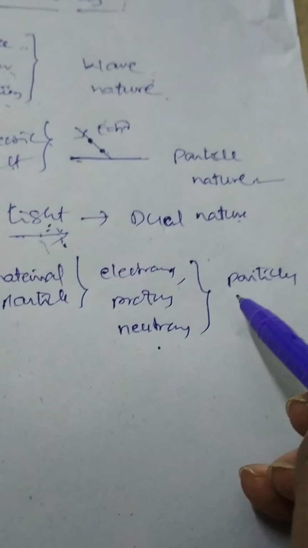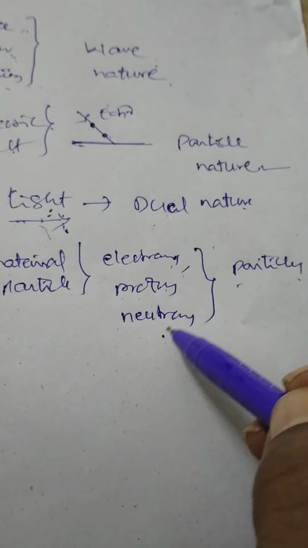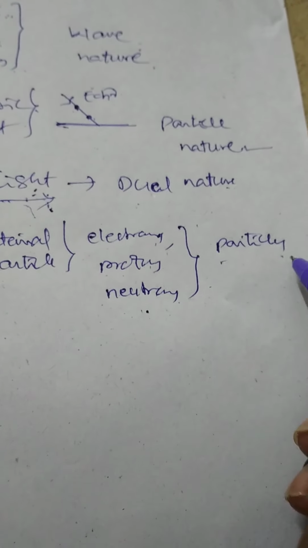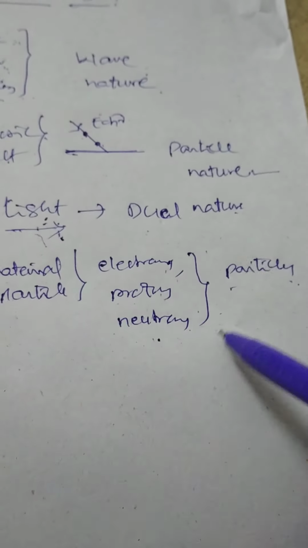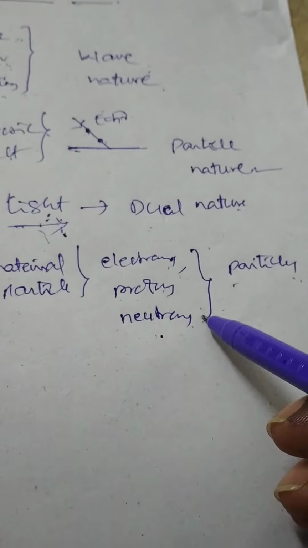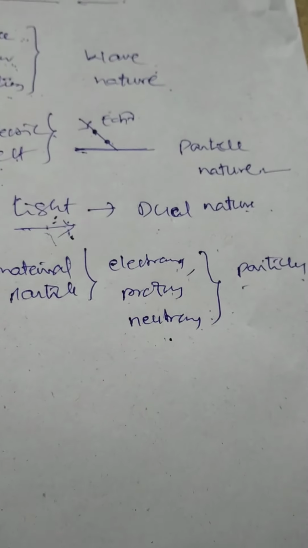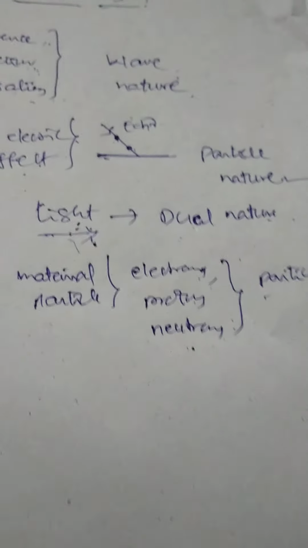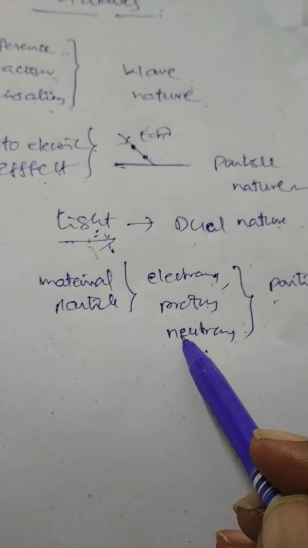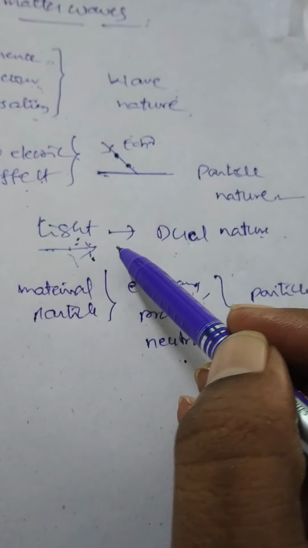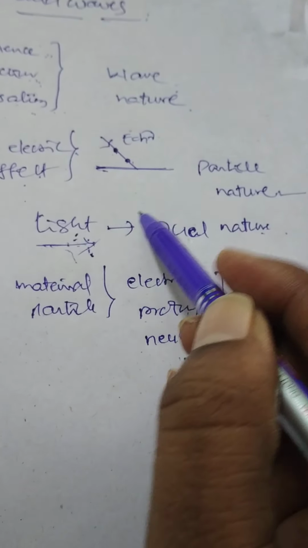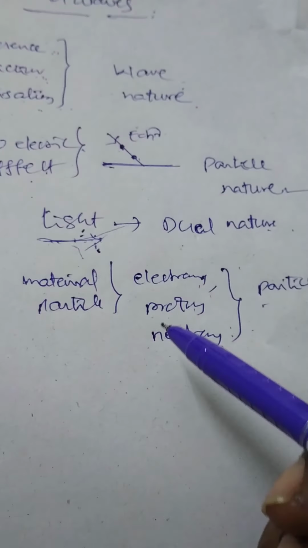In the same way, actual particles like electrons, protons, neutrons exhibit particle nature. But at other times, these material particles also exhibit wave nature, according to the nature law of symmetry. Light only has wave nature, but sometimes it behaves like particle nature.